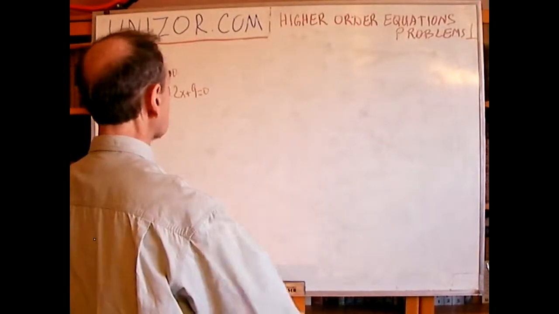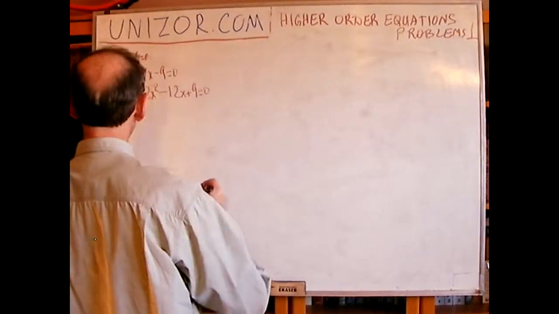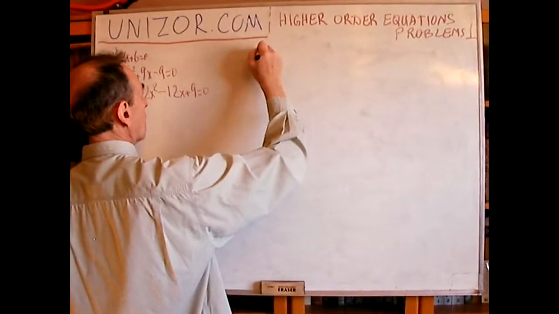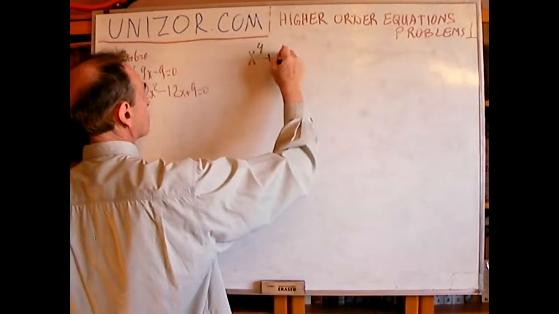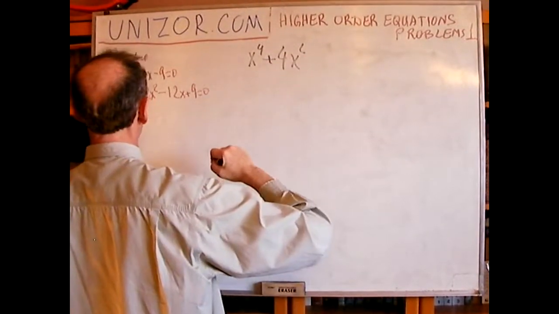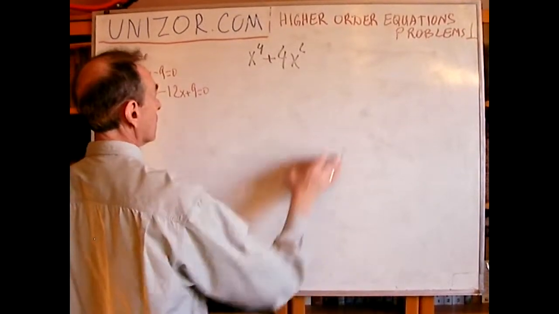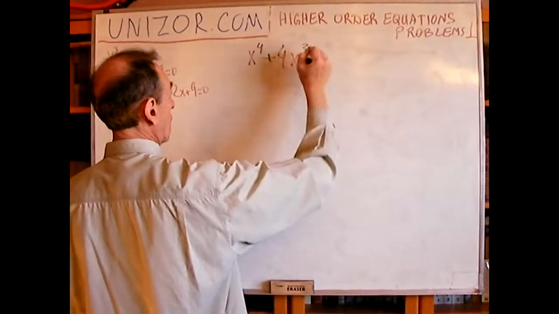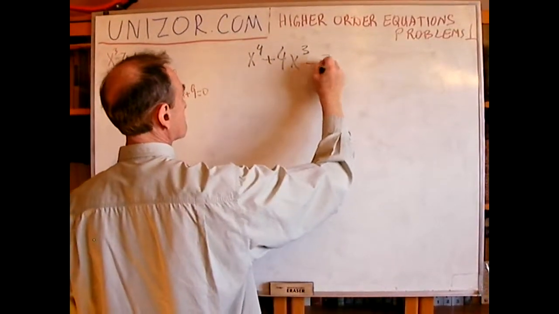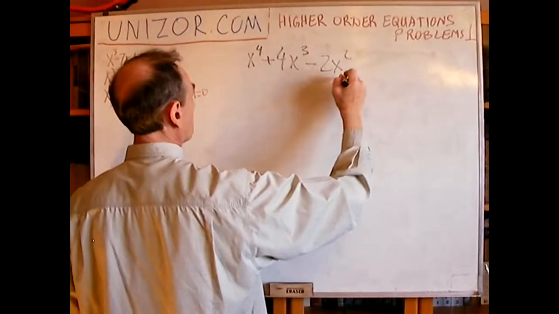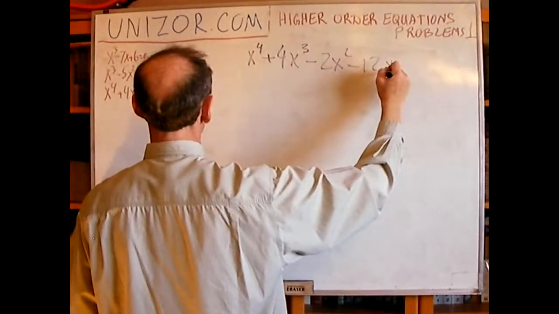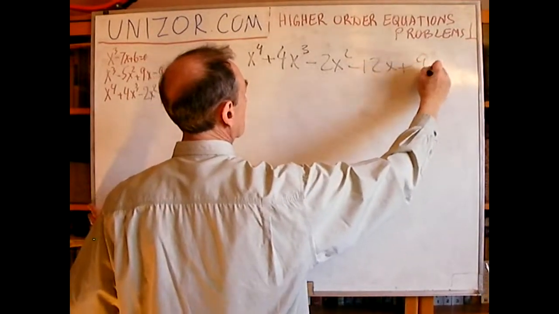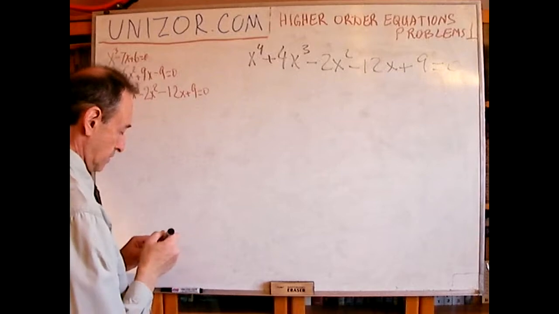And the last but not least, we have the equation of the 4th degree. X to the 4th plus 4x cubed, sorry, minus 2x squared minus 12x plus 9 equals to 0. Alright.